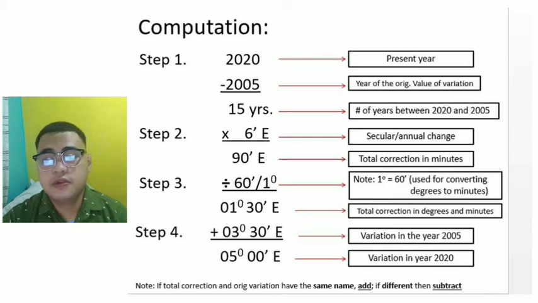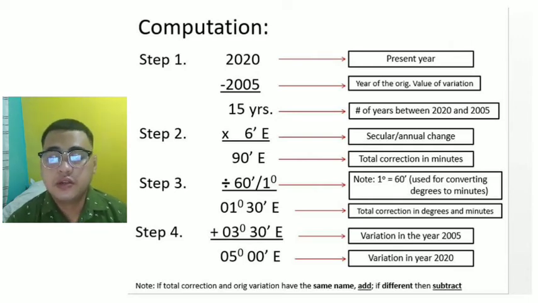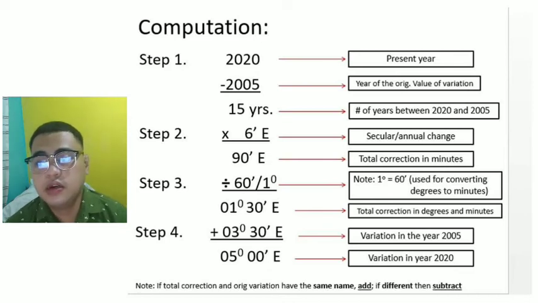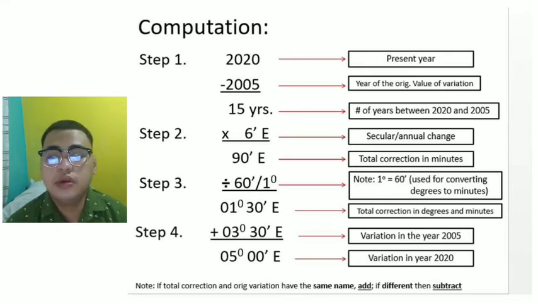Example. Step 1: you need the present year and the year of the original value of variation. If we have 2020 for our present year, we subtract the year of the original value of variation, which is 2005. That equals 15 years, the number of years between 2020 and 2005.